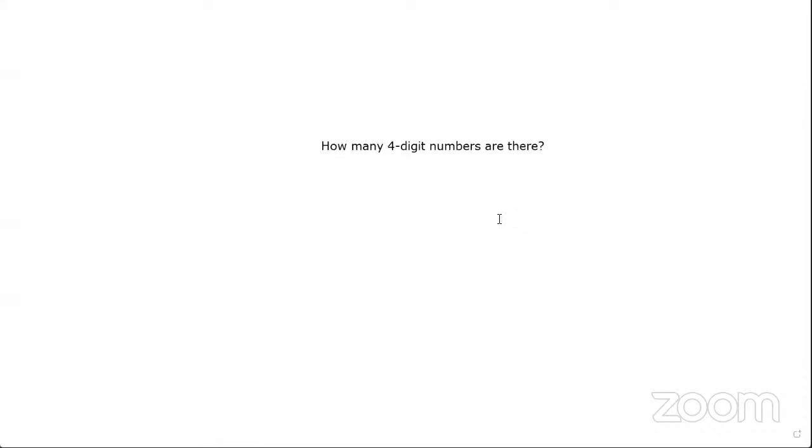So we have to agree on something first. Do we consider this as a 4-digit number? So they are numbers.